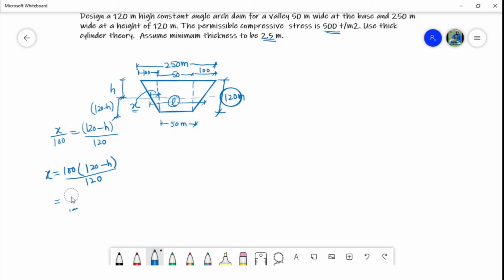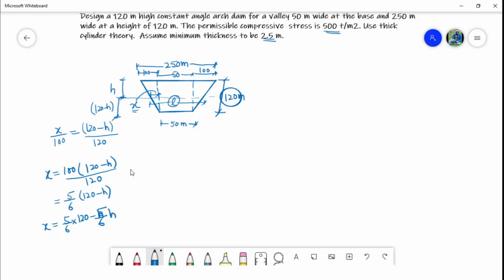So x will be equal to 5 by 6 times 120 minus 5 by 6 of h.